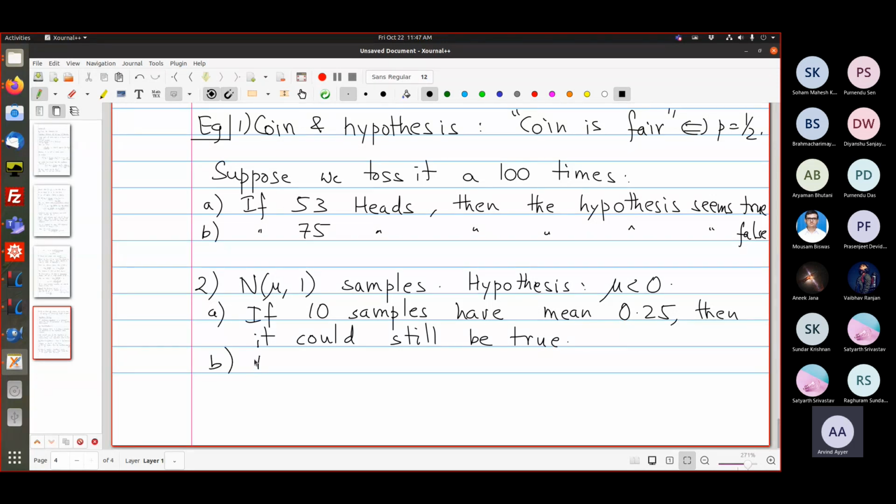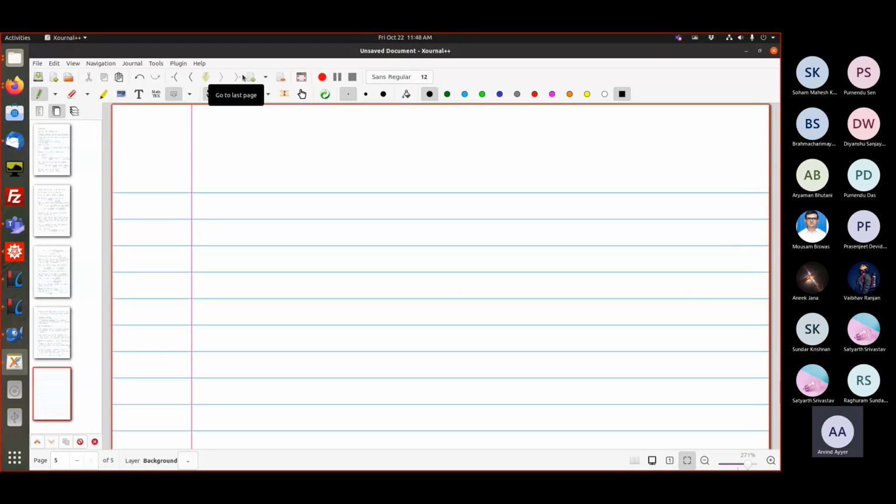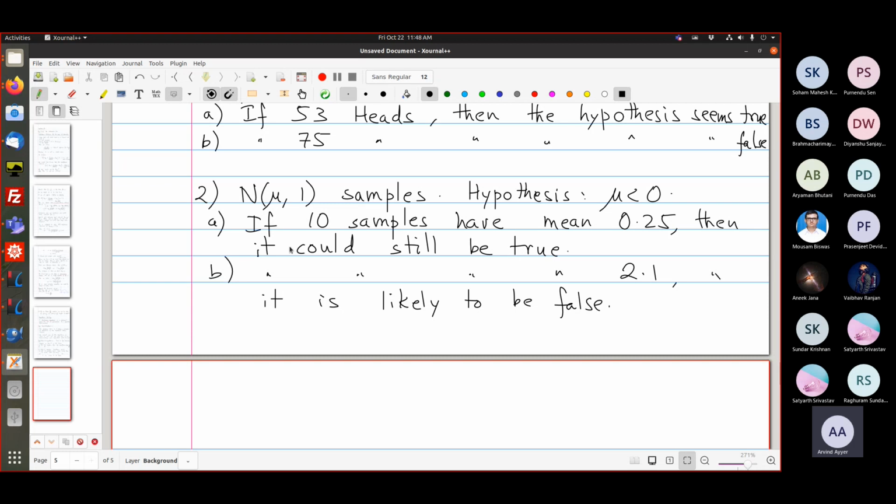And if these 10 samples have mean, let's say 2.1, then it is, I would say, likely to be false. Okay, so I hope the point is clear.